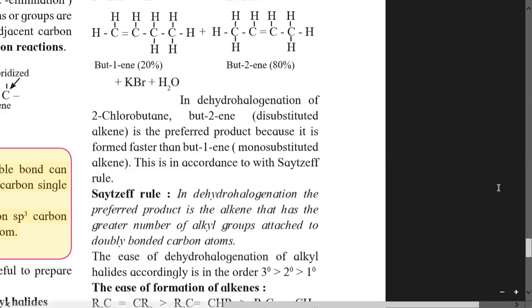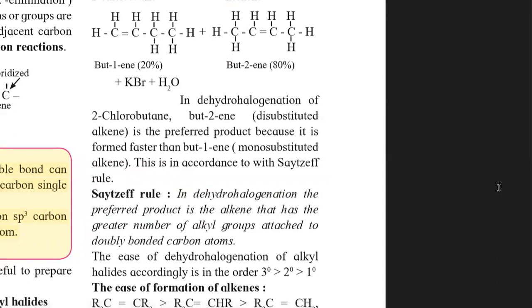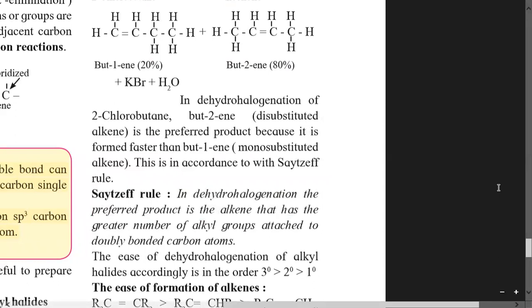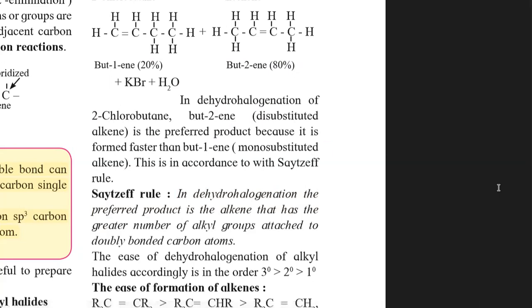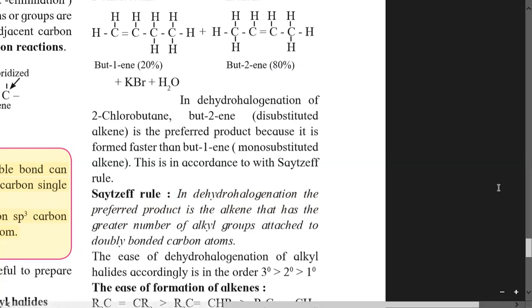Only one alkyl group is substituted. In but-2-ene, two alkyl groups are substituted. So but-2-ene is the disubstituted alkene and hence it is the major product. So remember, in the Saytzeff rule, during dehydrohalogenation, the preferred product is that alkene which contains a large number of alkyl groups bonded to the doubly bonded carbon.